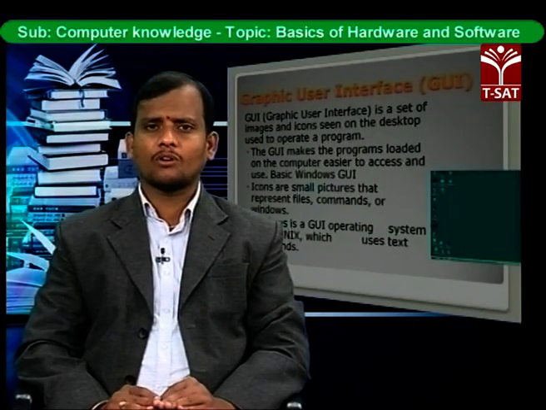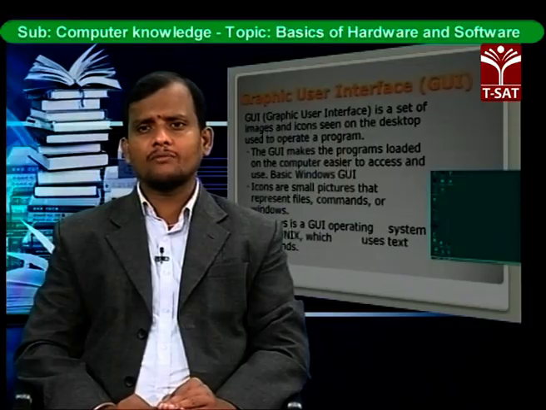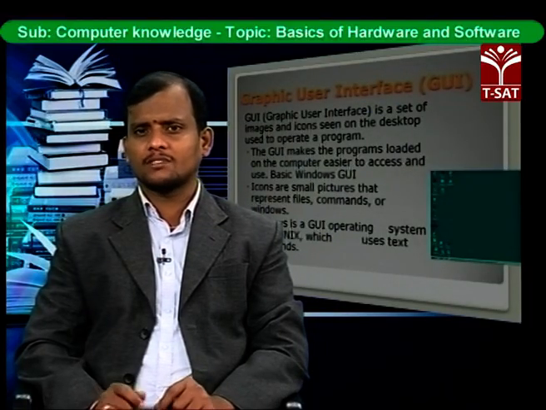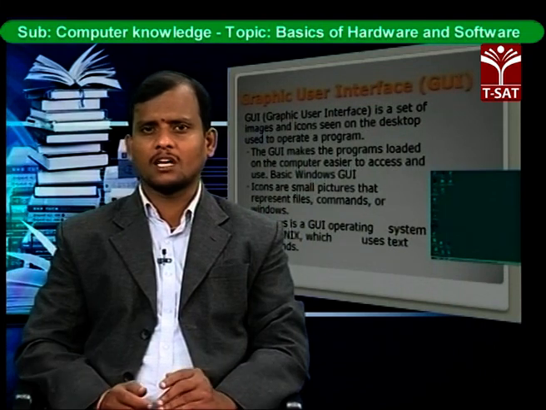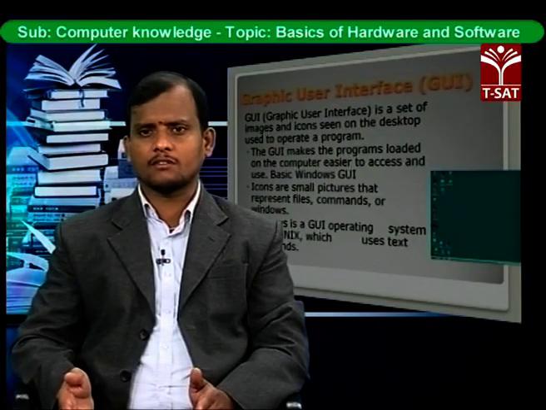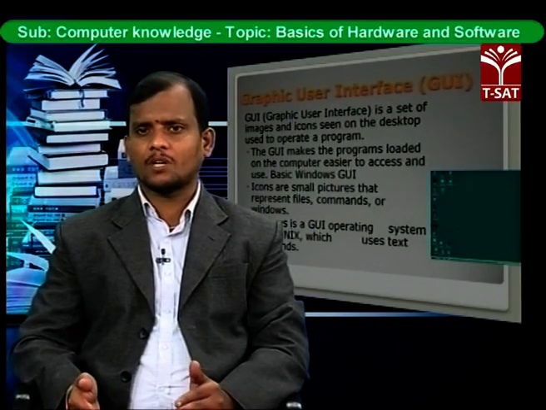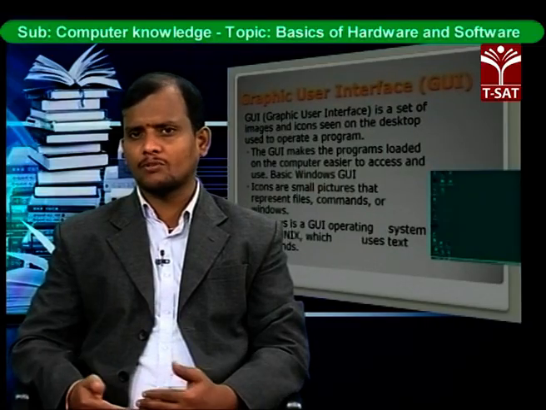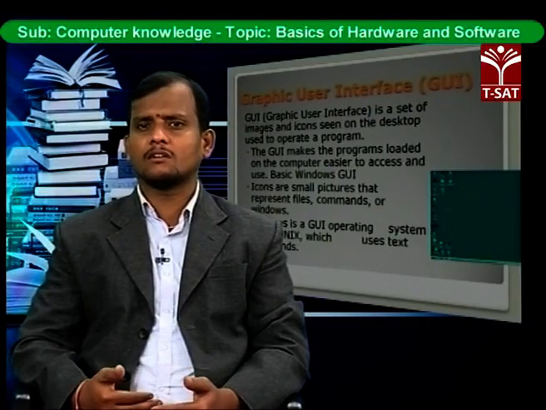Now coming to software, which is something you cannot see. So far we saw hardware devices: you can see a scanner, a printer, a mouse, RAM. But software you cannot see; it is done logically.